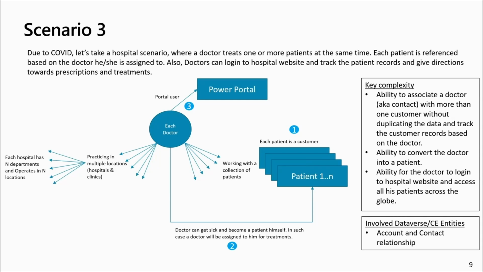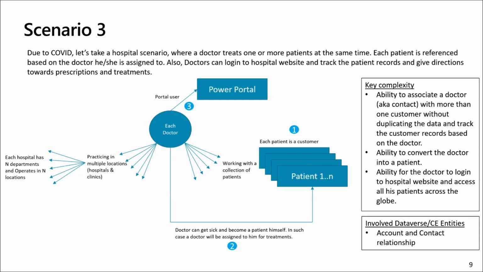Each patient is also referred based on the doctor that they are assigned to. The doctor can log into the hospital website, track patient records, and give them direction for the prescription they need, as well as treatment for their individual needs. The doctor could be practicing at multiple locations, and each hospital may have multiple departments which operate in each of the multiple locations, right?